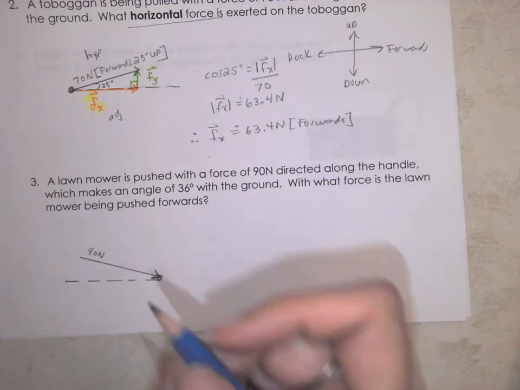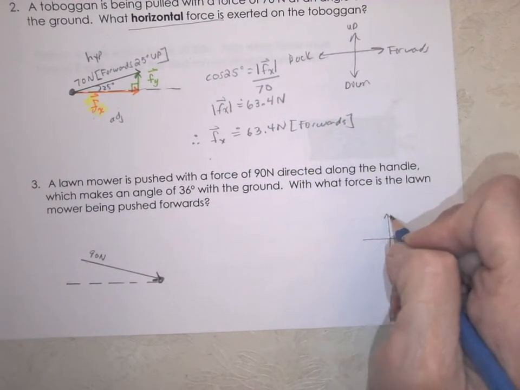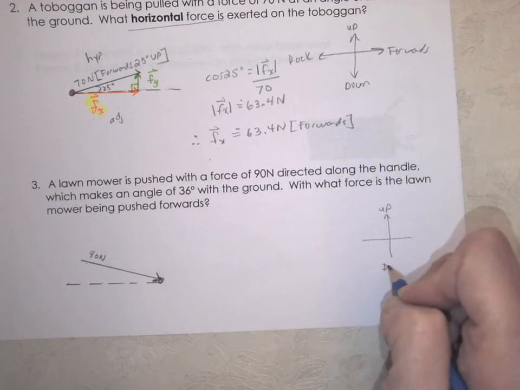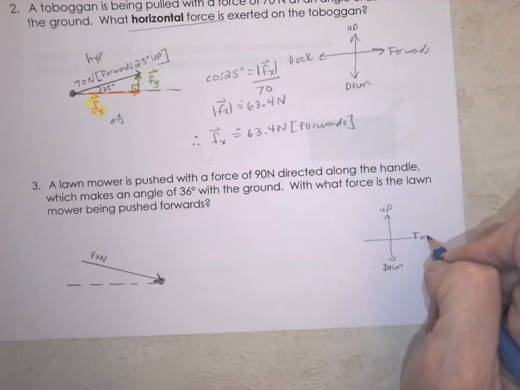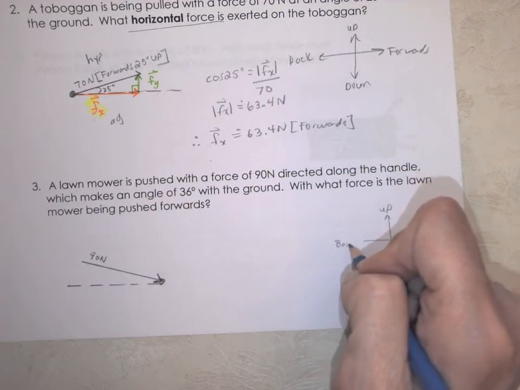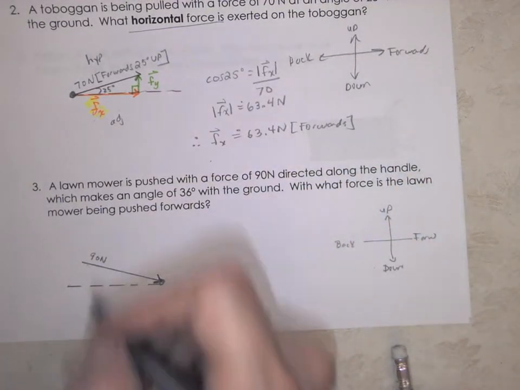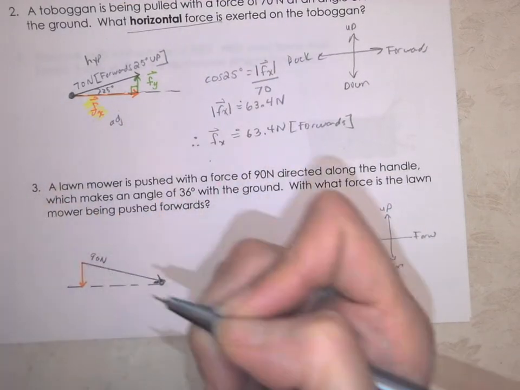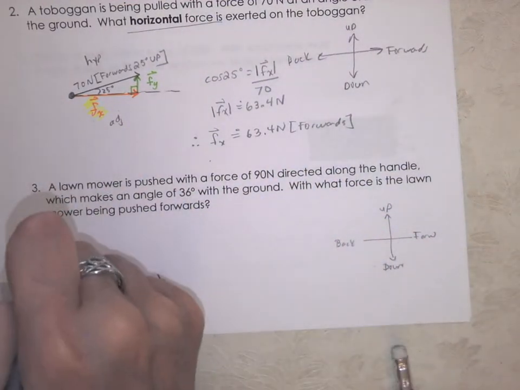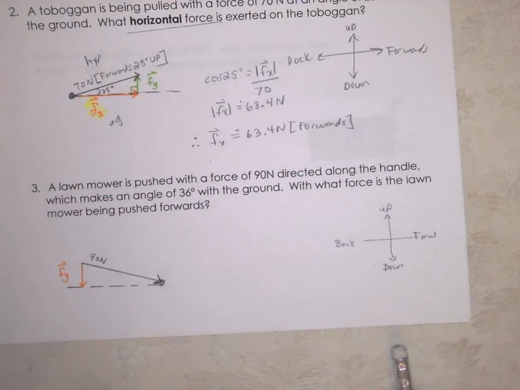And then it's made up of, so here's my compass again. So I've got up, down, forwards, and backwards. And we can see that that 90 newton force that we're pushing along the handle has a vertical component, Fy, that's pushing it towards the ground.